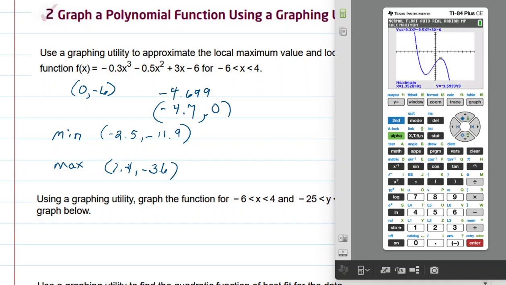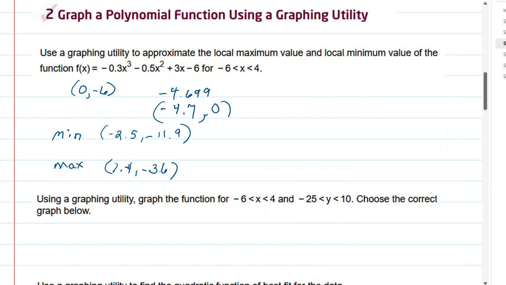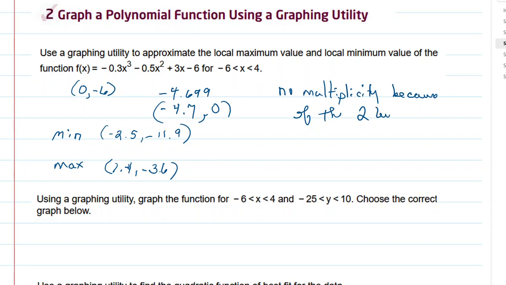All right. Now, this gives you the whole cycle of what is happening. So we notice there's no multiplicity because of the 2 turning points.